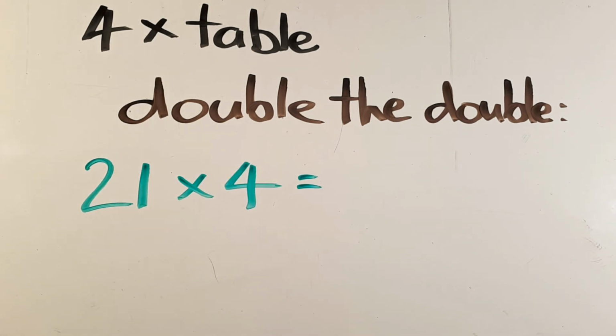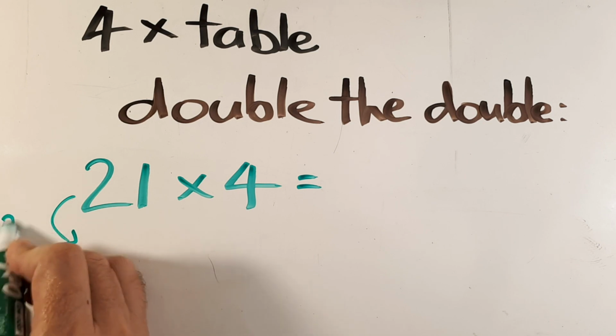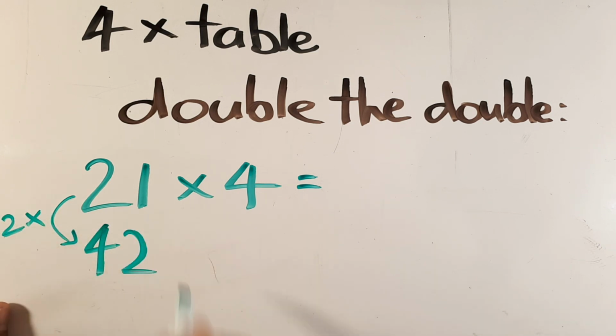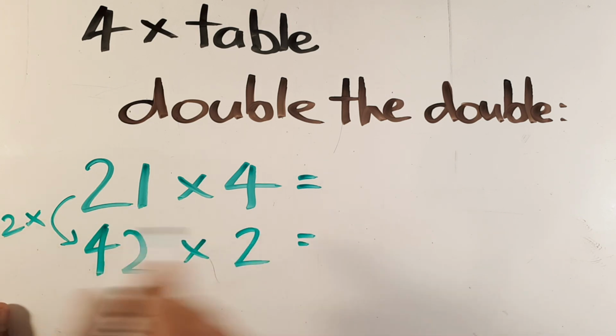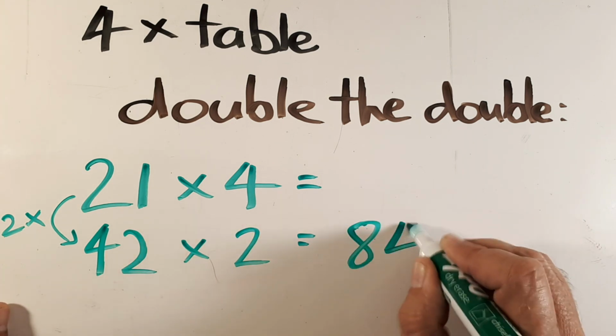I'll show you what I mean in a sec. Say your number's a bit bigger, like 21 times 4. Now, this is a way you can do it in your head. Quite a handy little trick, doubling the double again. We know that double 21 is going to be 42. And then, because we've already doubled it, we only have to double it again to get our times 4 answer. 42 times 2 is 84.